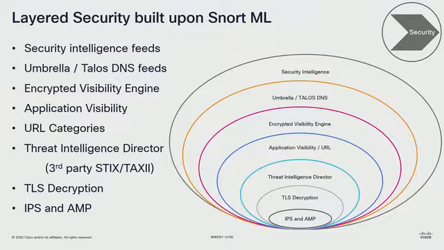And when you decrypt, this is expensive. It's computationally expensive, and it raises the likelihood of a possible interaction with the end user if an application doesn't take kindly to decryption. So this is why we built it this way.